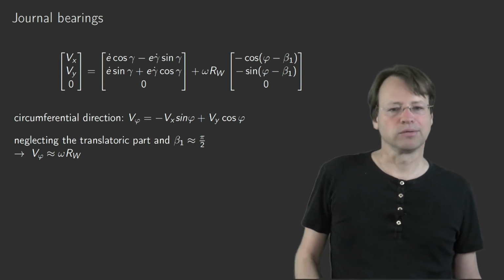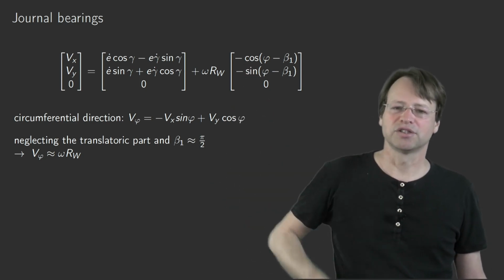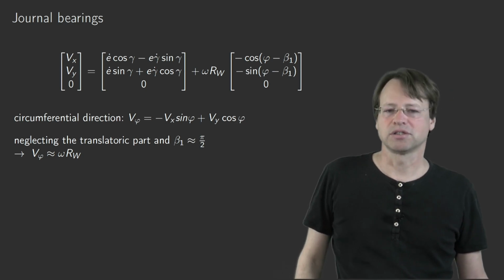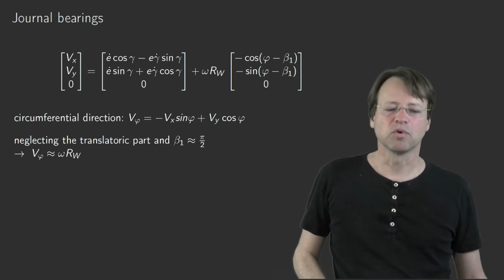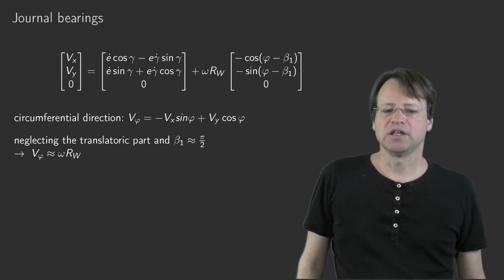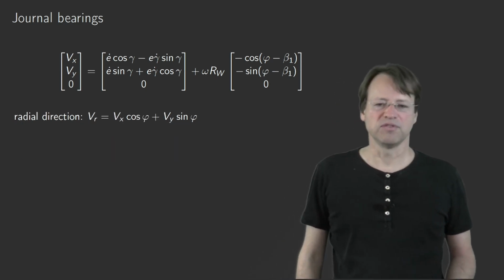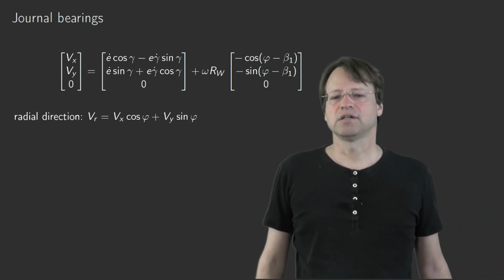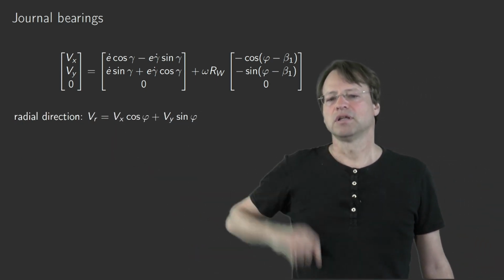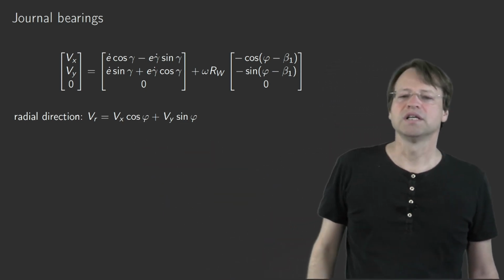You could say, well, you can obtain this result just by guessing without doing all the computations, but from the computations and the simplifications, I guess you get a little bit more insight into this result. So let's move to the radial direction, and there we cannot do at least all these simplifications. In radial direction, the formula for the velocity is v sub x cosine phi plus v sub y sine phi.